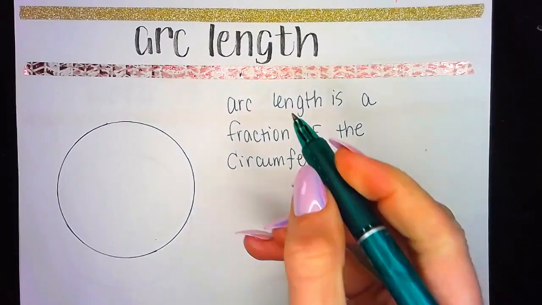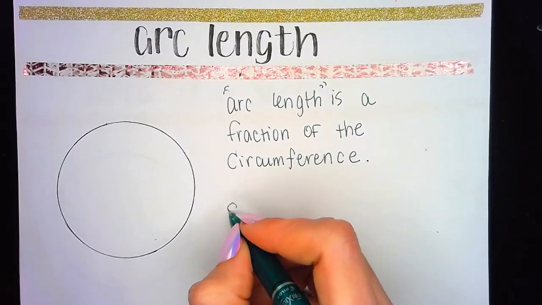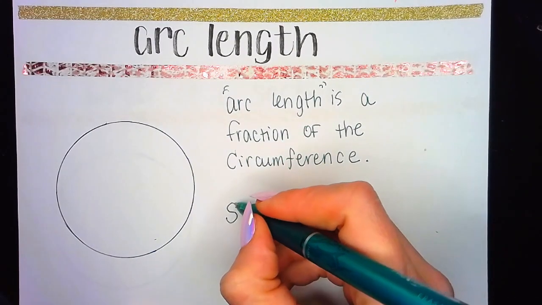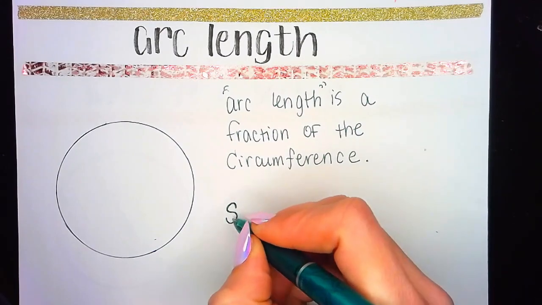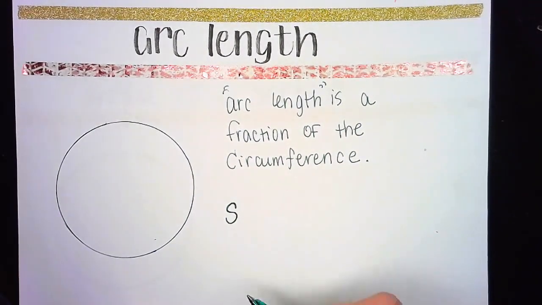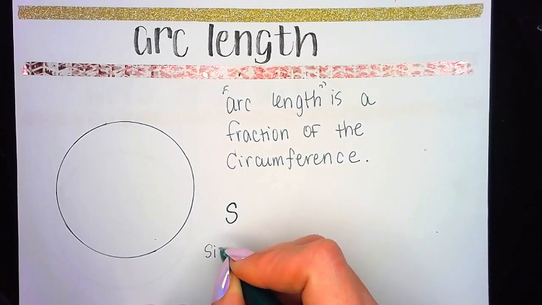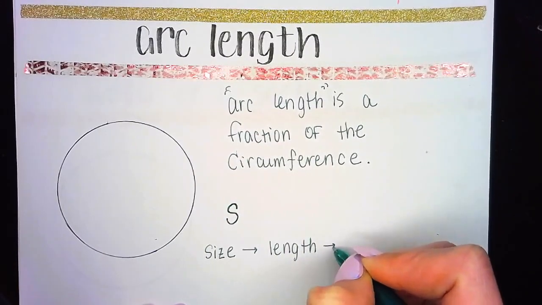Now, if I called arc length something, maybe I call arc length S. If you've taken calculus or physics, and you probably haven't if you're watching a geometry video, you may see that position and in certain circumstances arc length is represented by the letter S. The reason we use the letter S to represent arc length in this case is the Latin word for size, which is also the word for length, is spatium.